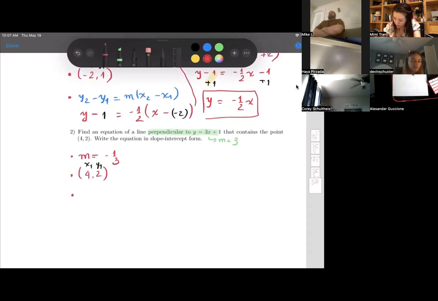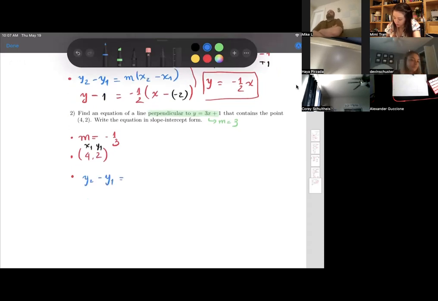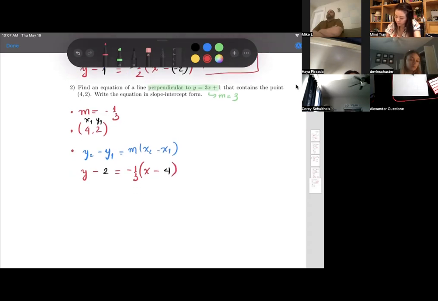Plug it into the point slope form. So y minus 2 equal negative 1/3 times x minus 4. y minus 2 equal negative 1/3 x plus 4/3, right?